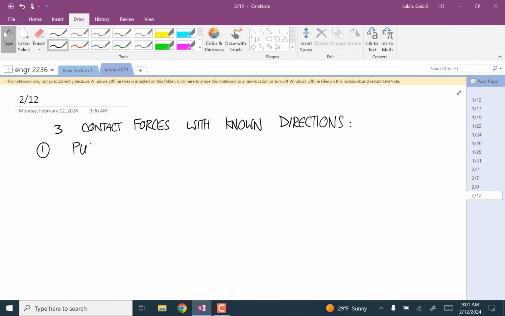Those are pushing, and that pushing force is perpendicular to the surface toward the chosen body.